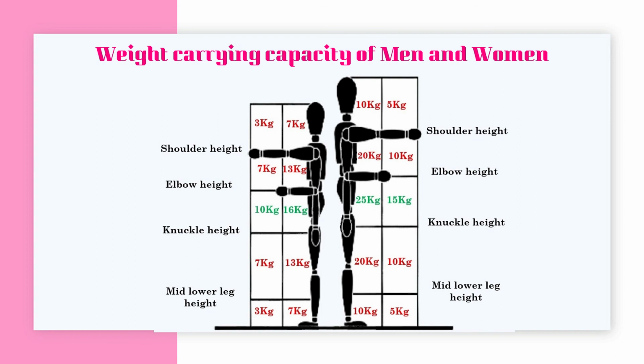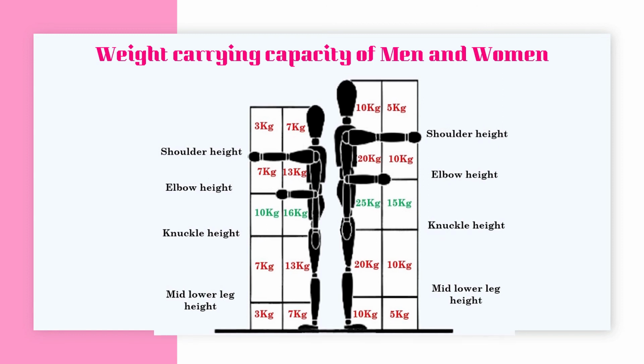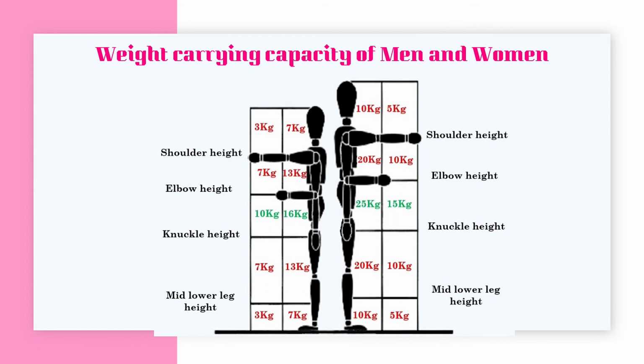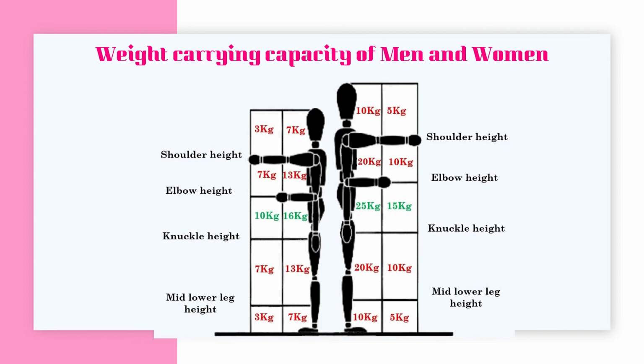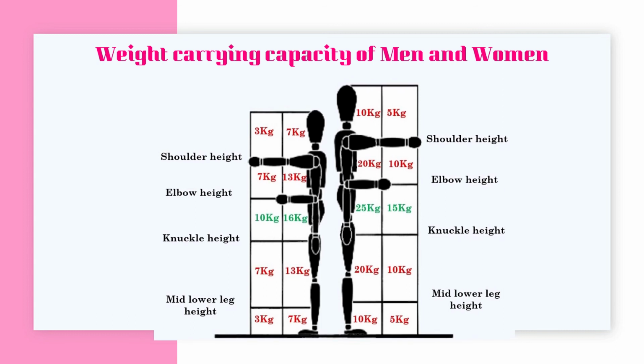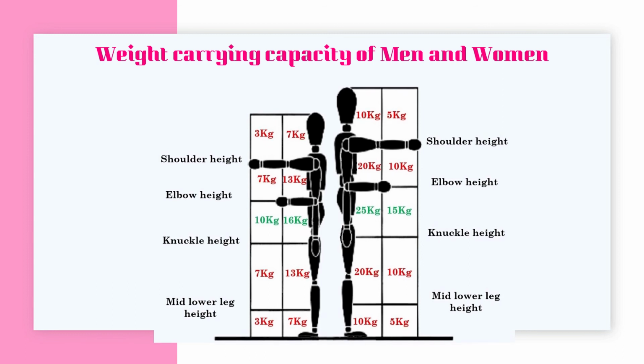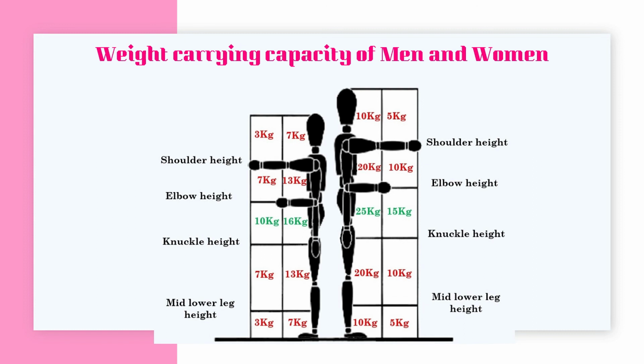So from this we understood that we have a power zone, but don't misunderstand it. Power zone doesn't mean that we can lift whatever weight we want. It is very important to understand that in the power zone we can lift only allowable weights, what we are capable of.